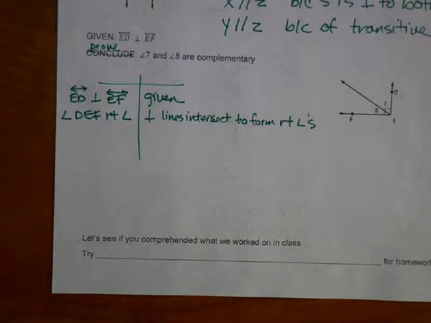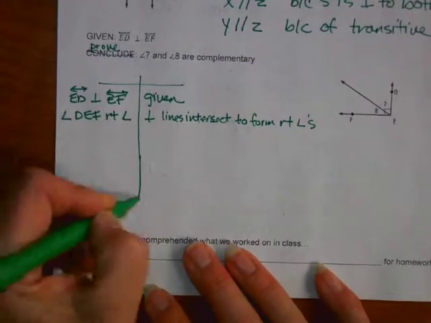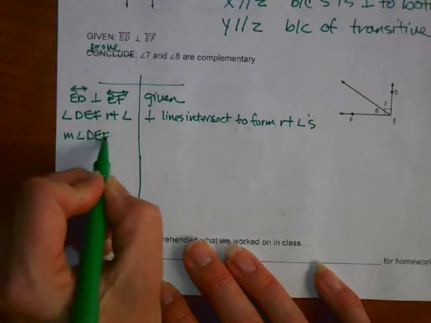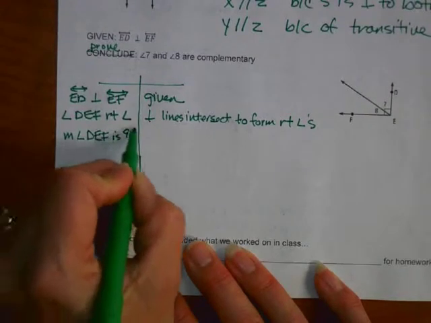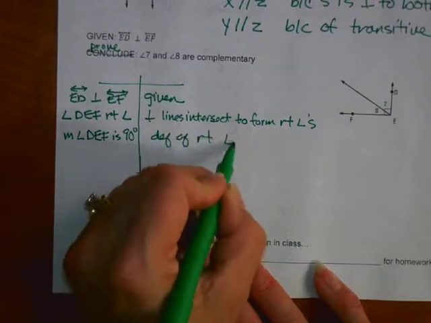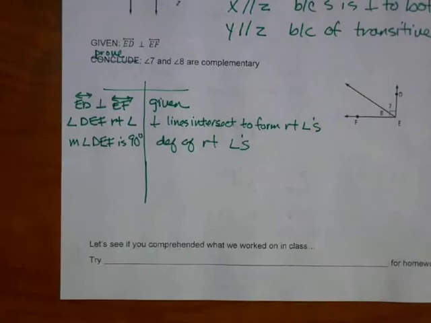Because we've justified that it's a right angle, what can we say about its measure? It's 90 degrees. So the measure of angle DEF is 90 degrees by the definition of right angles. We're trying to prove that they're complementary, meaning they add to 90 degrees. So that's why I'm bringing that 90 degrees in. Okay?